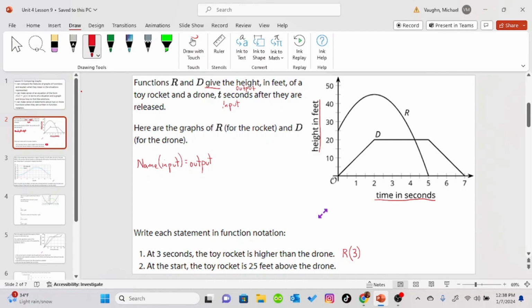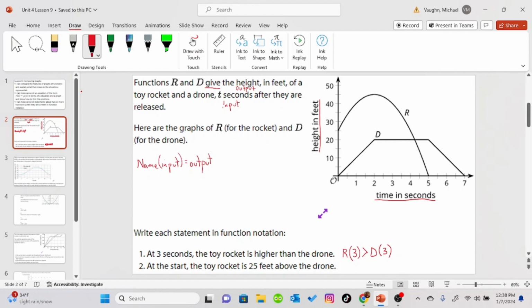And we want this to be higher, which means greater than, the drone. And it tells us the drone function is capital D. And that is also at an input of 3 seconds. So capital R of 3 is greater than capital D of 3.